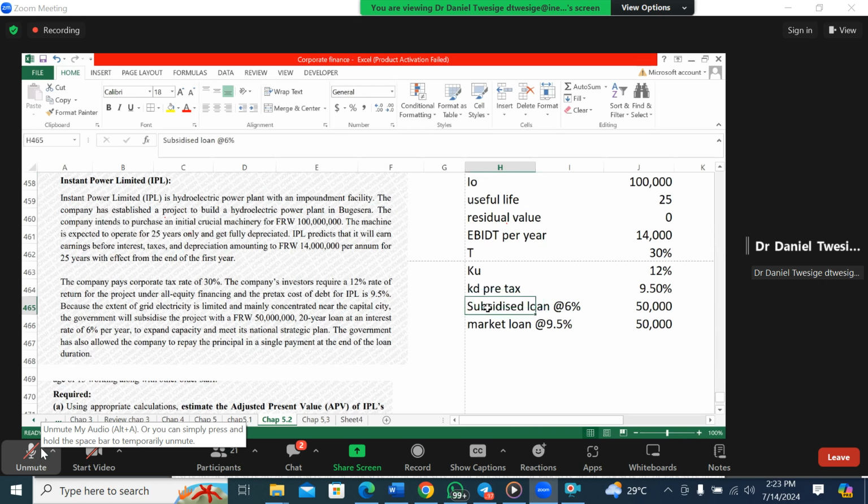What about the balance? Is it going to be financed by what? Maybe market value, but it's not showing us the loan value. That loan will be of how long? That is the problem, the market loan. Can we take them as the same period?